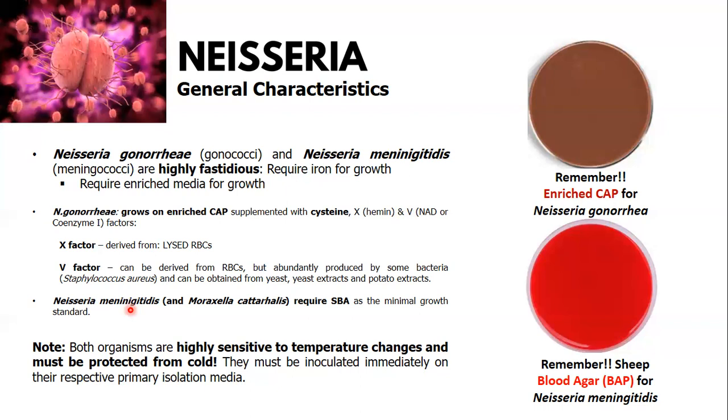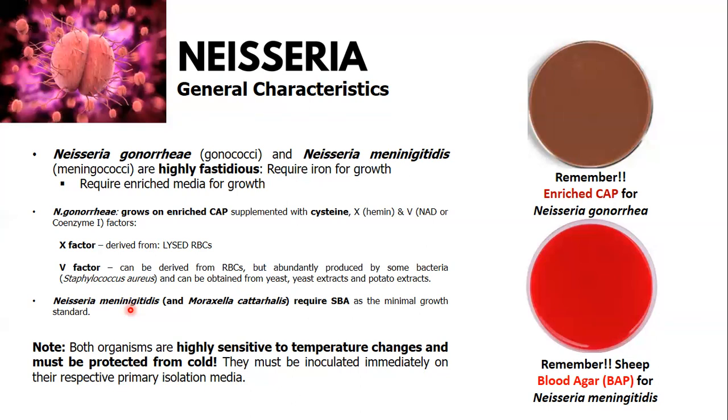And clinical specimens that are submitted for the isolation of Neisseria meningitidis can be inoculated on an enriched chocolate agar plate that had been supplemented with antibiotics if those specimens were obtained from anatomical sites that are rich with microbiota. And the only purpose why we inoculate those specimens on an enriched chocolate agar plate is to suppress the normal microbiota and to promote the growth of Neisseria meningitidis.